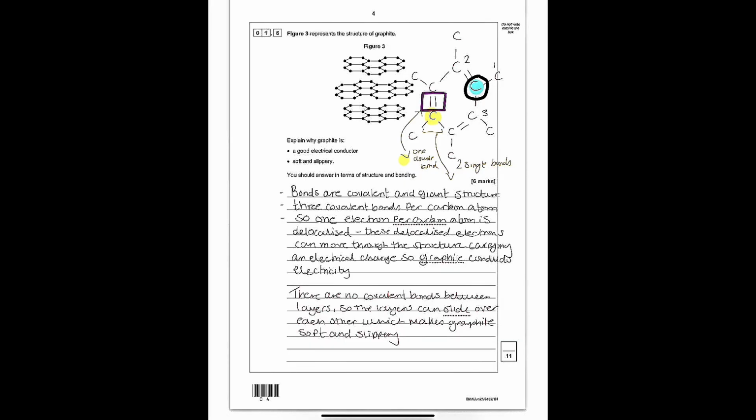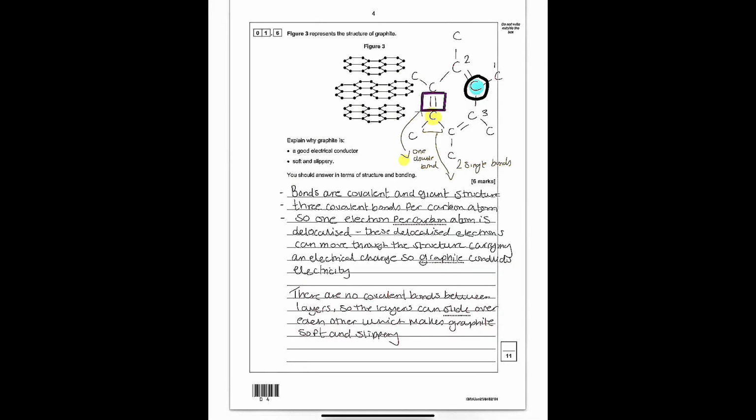So 1 electron per carbon atom is delocalized. These delocalized electrons can move through the structure, carrying an electrical charge. So graphite conducts electricity. Now I've also mentioned that there are no covalent bonds between the layers. So the layers can slide over each other, which makes graphite soft and slippery.